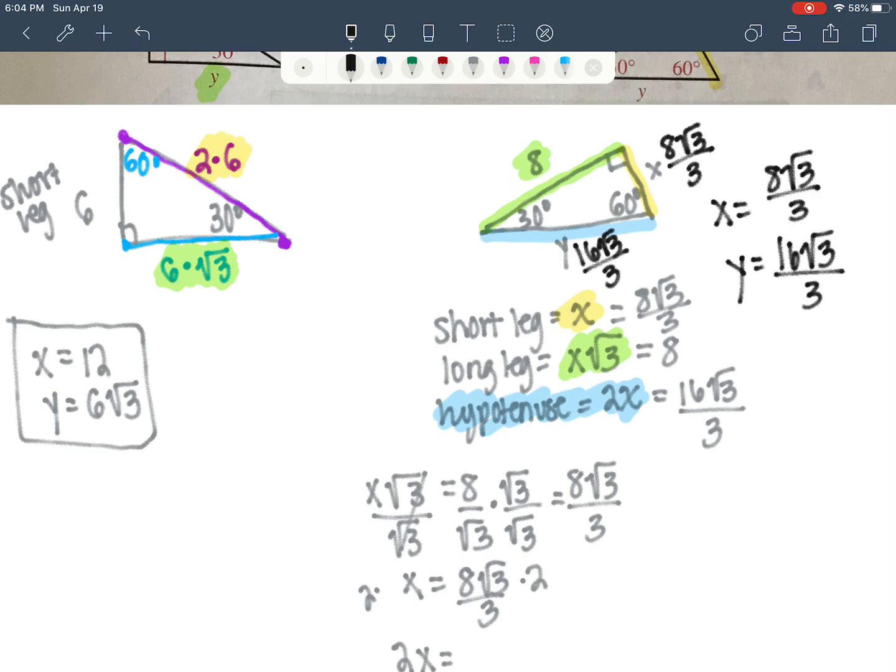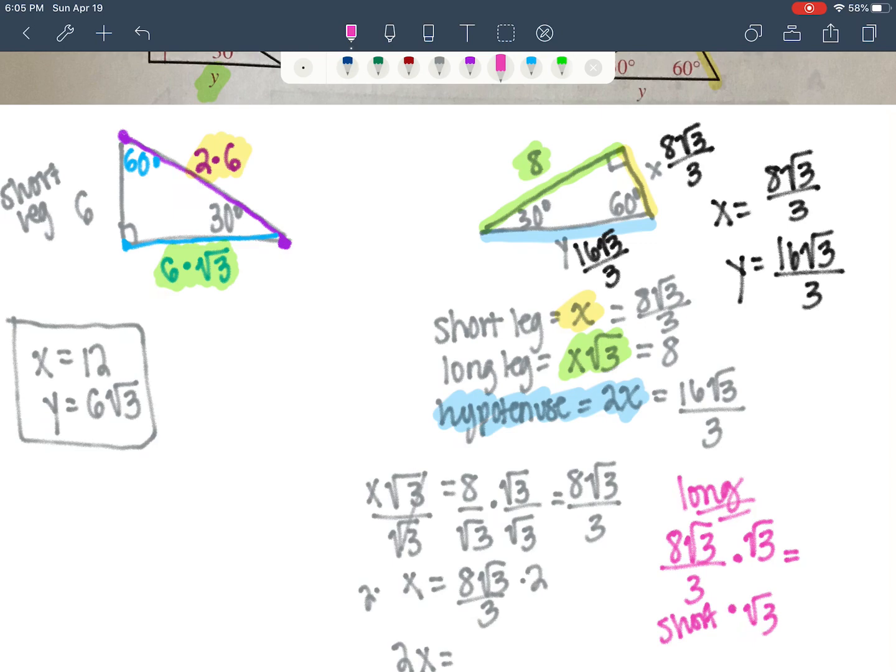Now if we go backwards and we say, well, the long leg, which is your green highlighted amount, is the short leg, here I'm going to do this in pink, it's the short leg, which is 8 times the square root of 3 over 3, times the square root of 3. This is the long leg. So this is the short times the square root of 3.